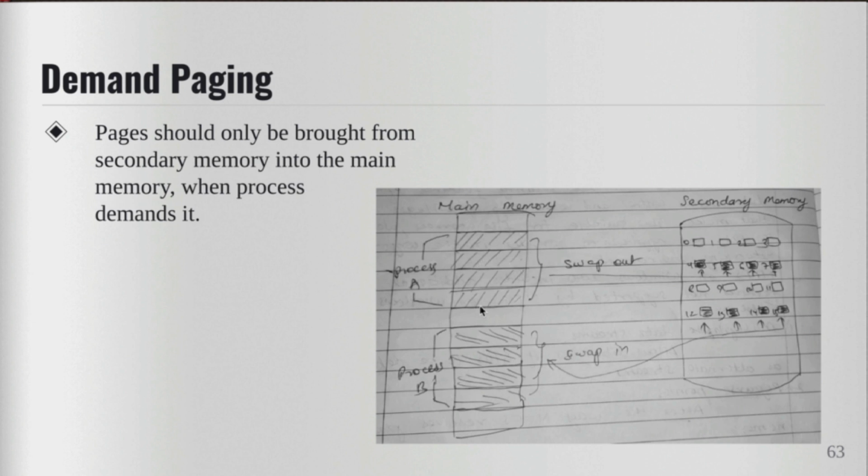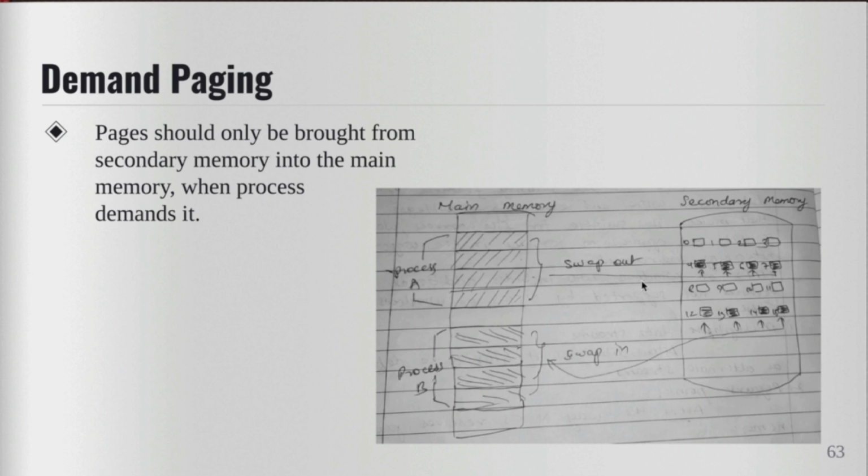If there is not enough space available, then it has to go for swap out and swap in. If there was enough space available, let's say there were only 2 pages here and the rest of the 2 frames were empty, then you could have directly requested that particular page from the secondary memory and brought it into the main memory. But let's say all the frames are already full. In that case, it has to swap something out. So let's say we have a P4 over here.